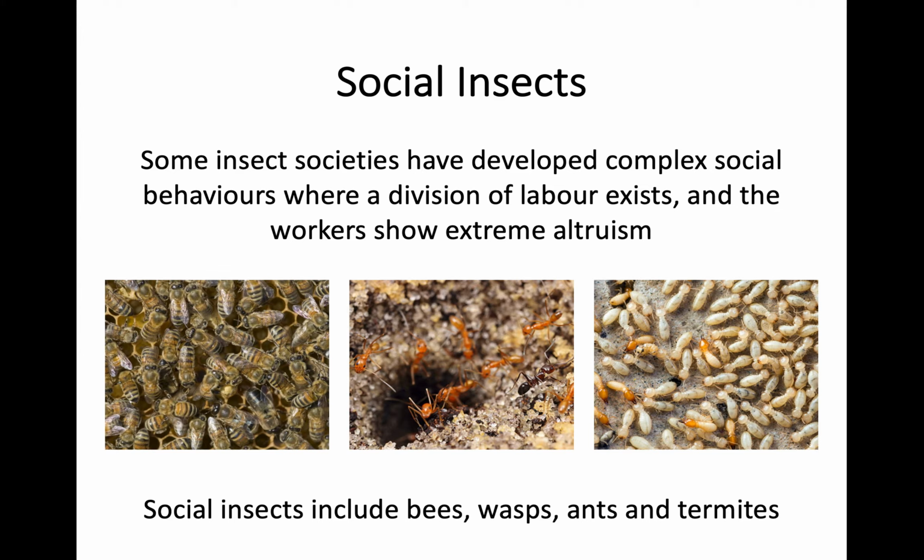And often we have what we call workers, this level of social insect which show extreme levels of altruism. In terms of these social insects, we're going to really focus on bees, but there's also wasps, ants and termites as well. Any of these massive colonies you may have seen before, there is actually a very complex social system driven behind this.